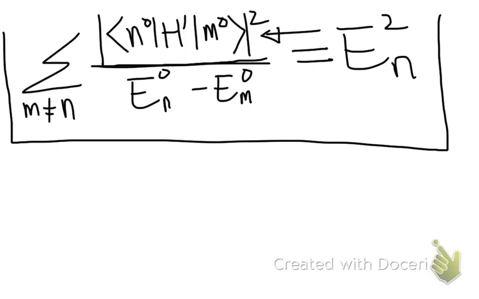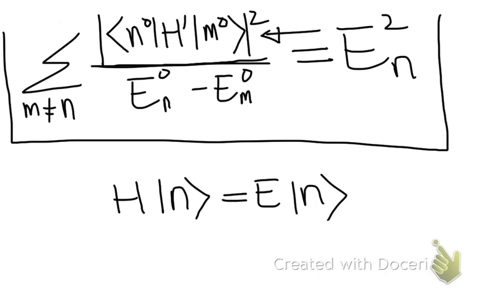With the perturbation of my system, the Hamiltonian had also been perturbed, and I substituted for that perturbed Hamiltonian the unperturbed plus the perturbed part, acted on my states with the eigenvalue equation over here, and solved it.